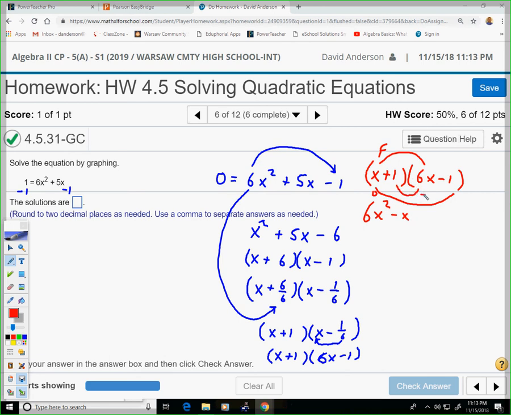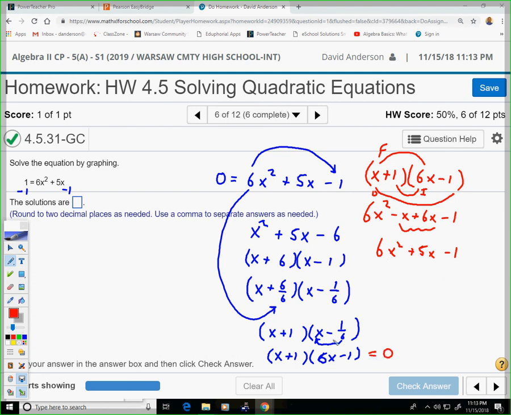I of FOIL, 1 times 6x, that's positive 6x, and 1 times negative 1 is negative 1. Combine like terms, that's 6x squared plus 5x minus 1. Good. That works out. Alright, so I was just showing that this method is working out here.